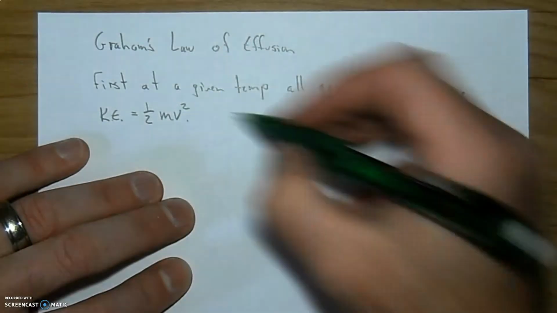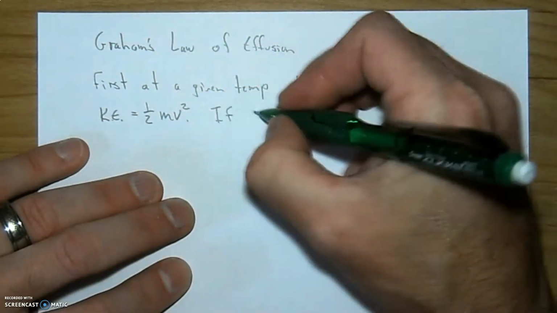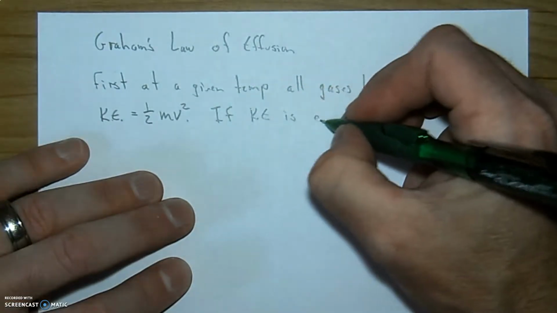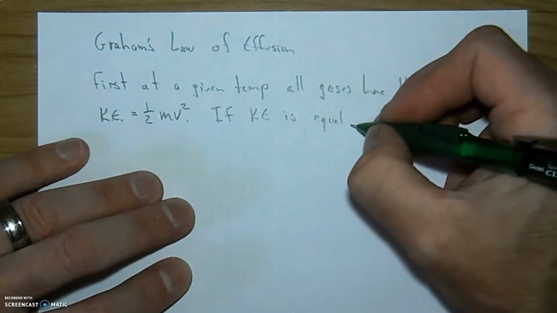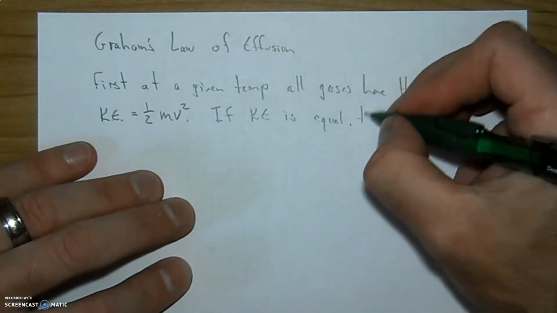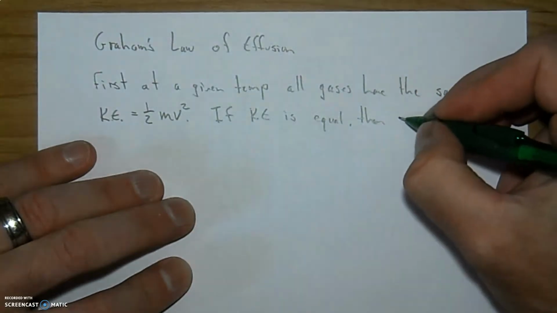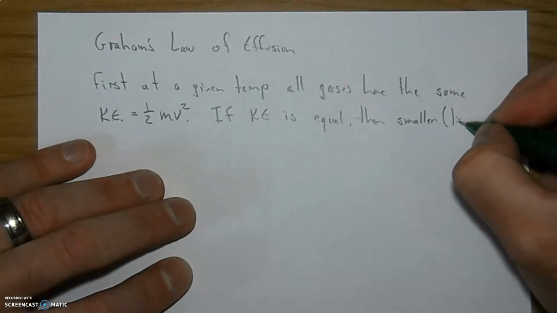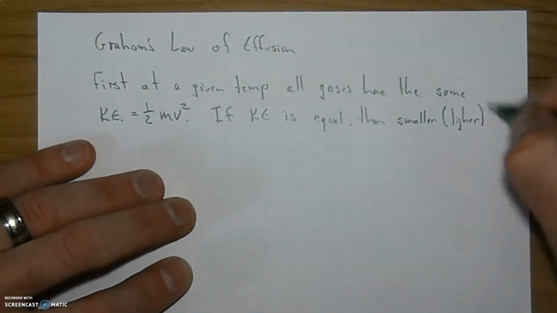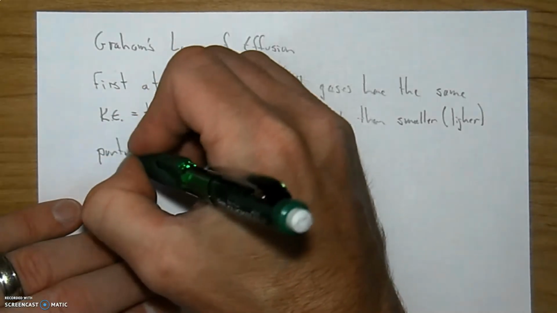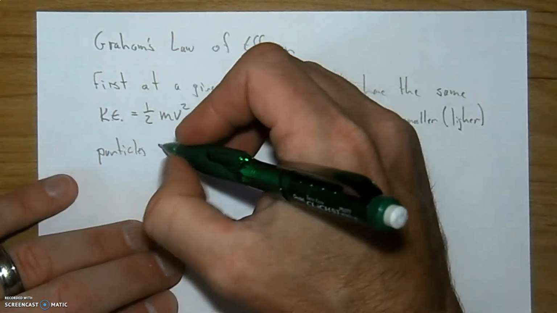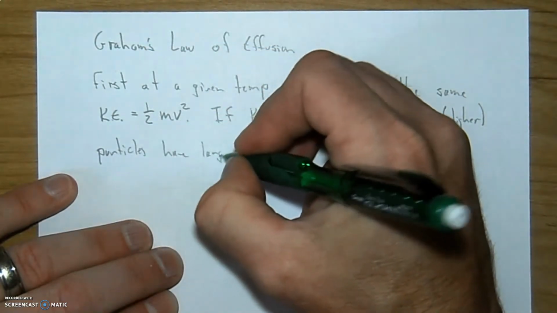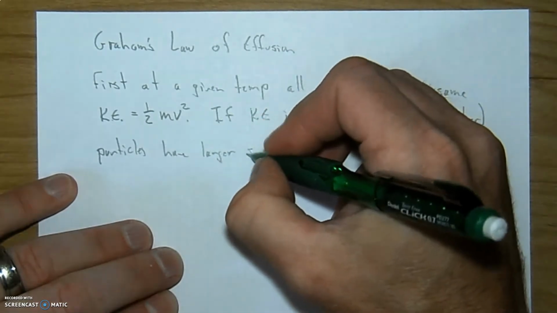Easy enough. Okay. Then, if the kinetic energy is equal, then the smaller, and we'll interpret that as being lighter, less massive particles have larger, and we're going to call those speeds.